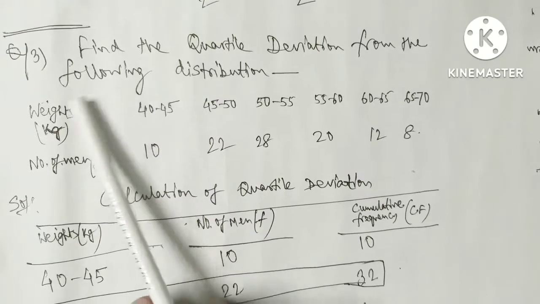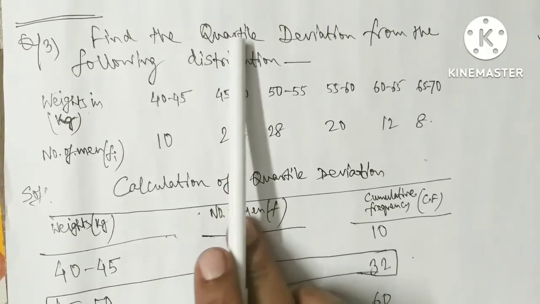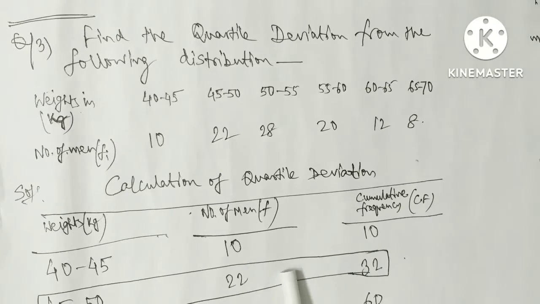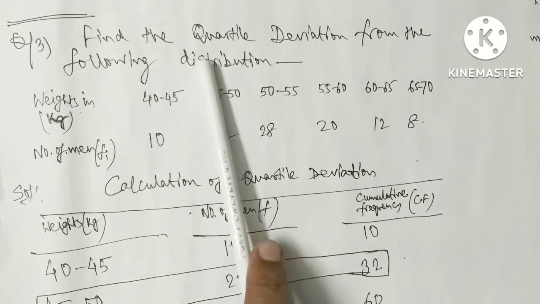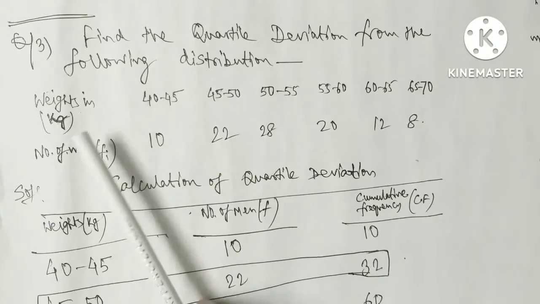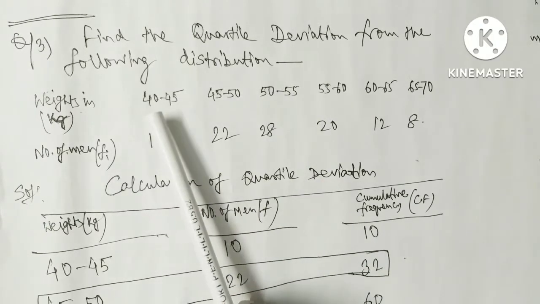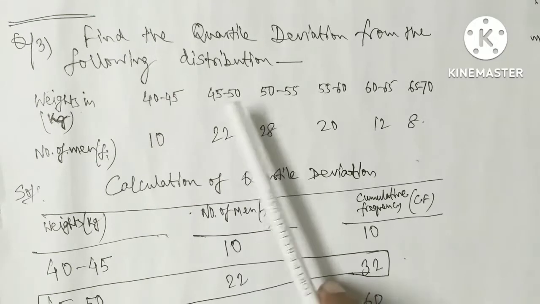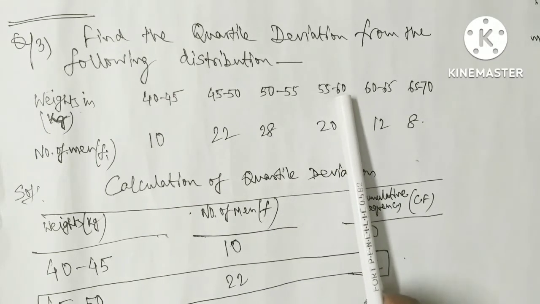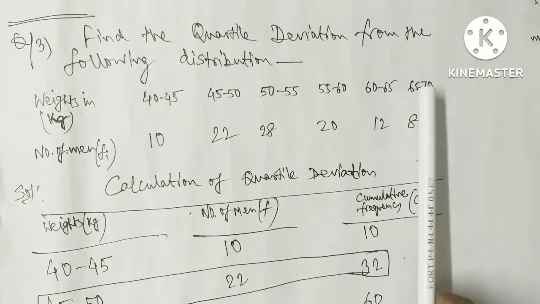Now we go for the third question, related to a grouped frequency distribution. Find the quartile deviation from the following distribution. Weights in kgs are given: 40 to 45, 45 to 50, 50 to 55, 55 to 60, 60 to 65 and 65 to 70.